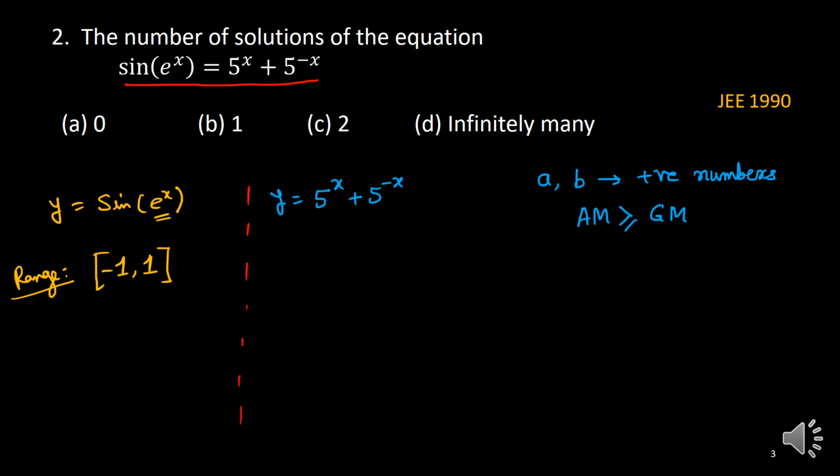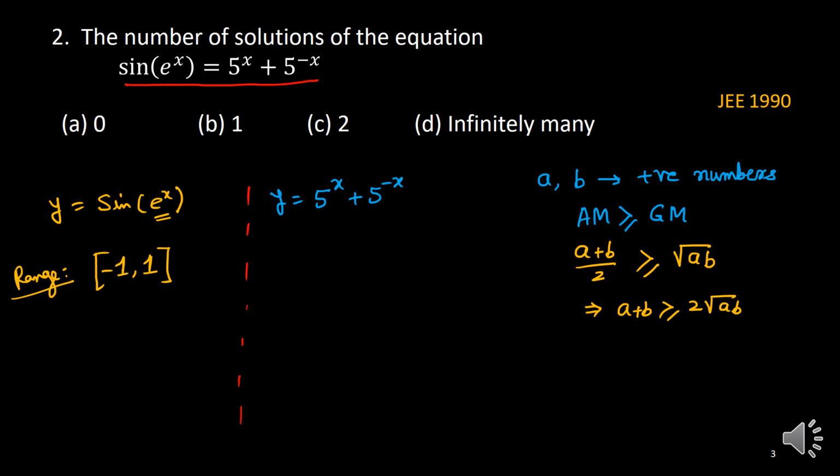The arithmetic mean of a and b is (a + b)/2, and the geometric mean is the square root of ab. So we can use this concept to find the range: a + b is greater than or equal to 2 times the square root of ab.